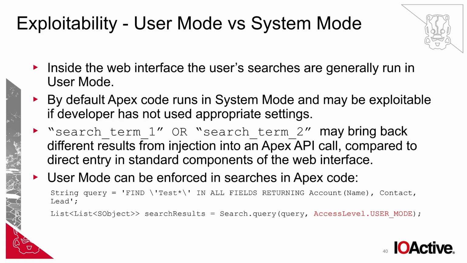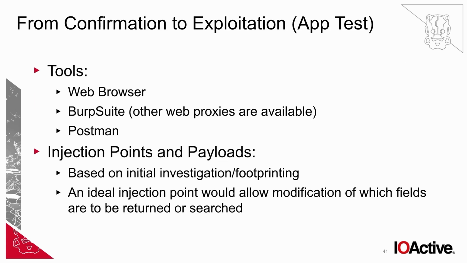So you can't really use user mode as a silver bullet to control or prevent the actual issue itself. You can just use it as a way of identifying risk levels in any code review situation.